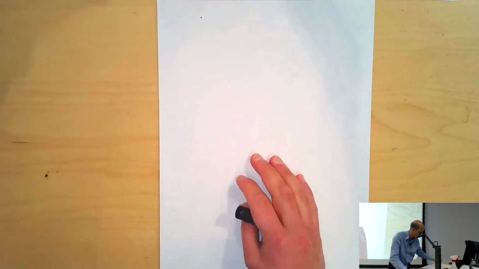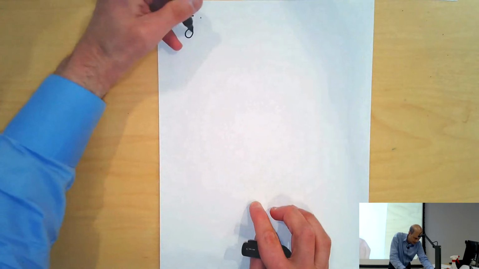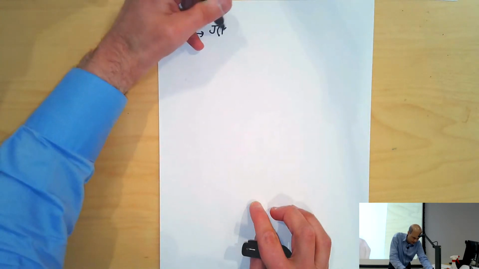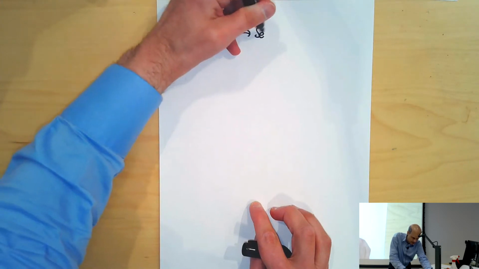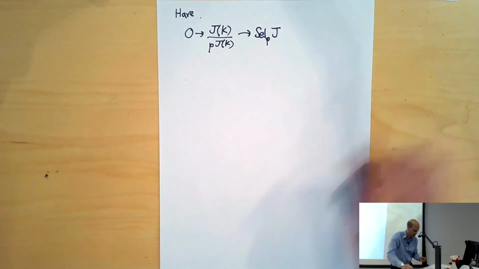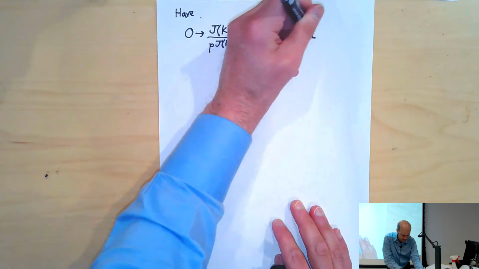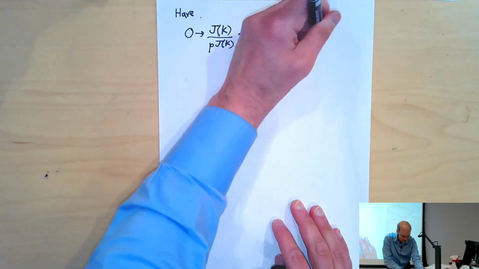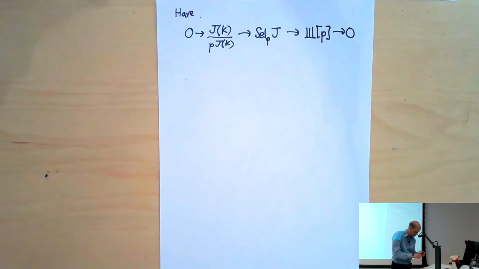So, classically, you have an exact sequence where you have the group that you're trying to compute, and then the thing you can actually compute, the p Selmer group. This is just the basic one, and the error in your upper bound approximation is given by the p-torsion in the Tate-Shafarevich group.